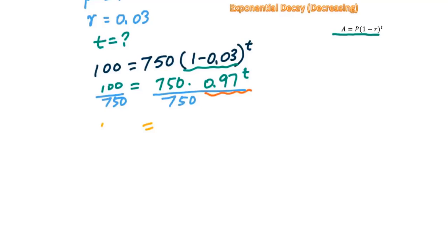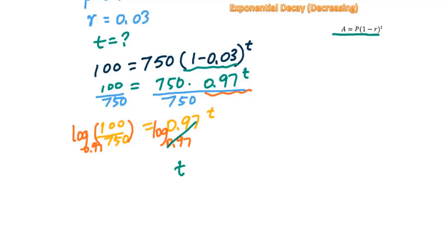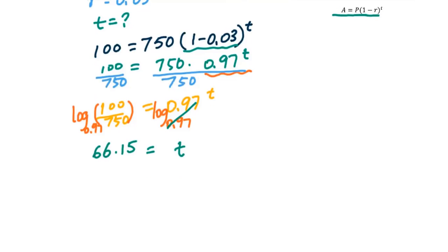So we got 100 over 750. You don't have to simplify because anyway we need to put it into a calculator. Then we do the log base 0.97 both sides. So we got T equals 66.15 years.